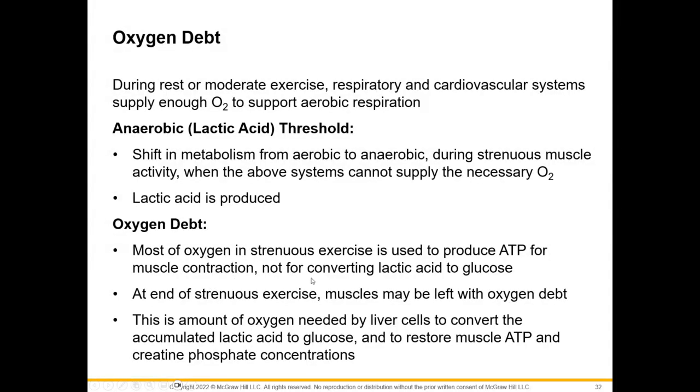So most of the oxygen in strenuous exercise is used to produce ATP for your muscle contraction, not for converting lactic acid back to glucose. So at the end of strenuous exercise, muscles can be left with oxygen debt. That's the amount of oxygen that's needed by your liver cells to convert the accumulated lactic acid back to glucose and to restore your muscle ATP and the creatine phosphate concentrations.